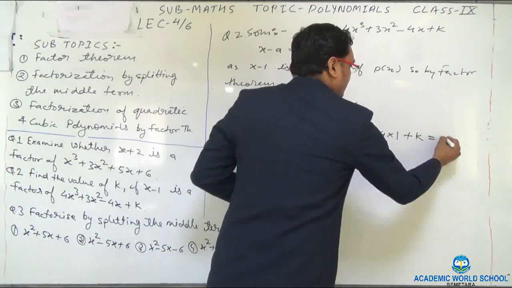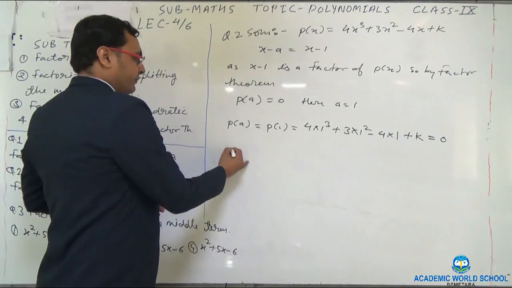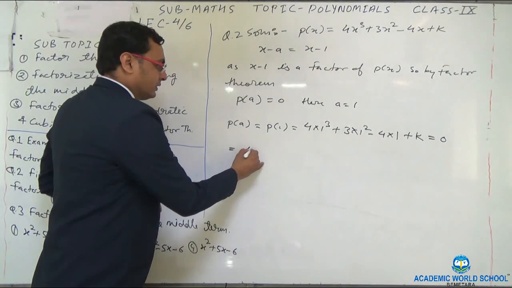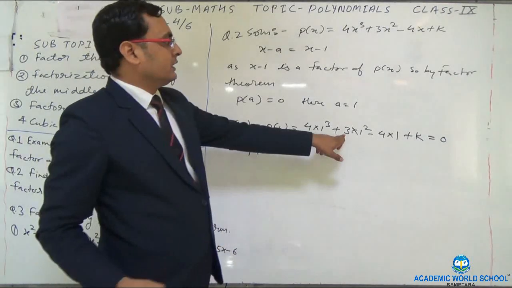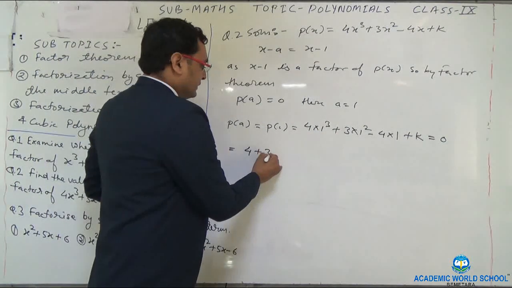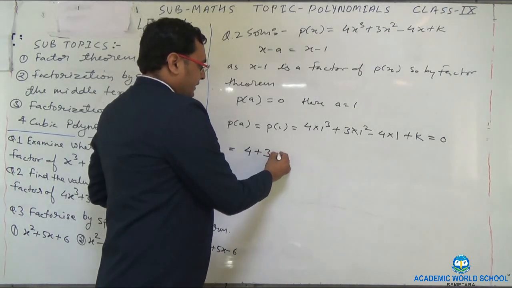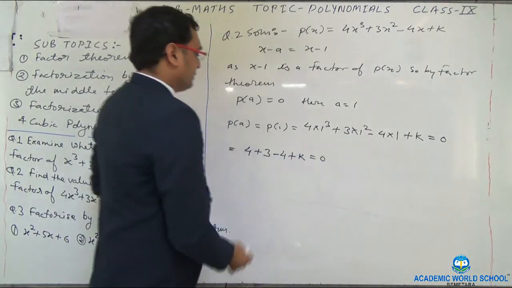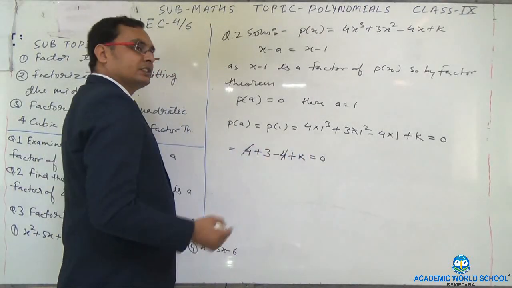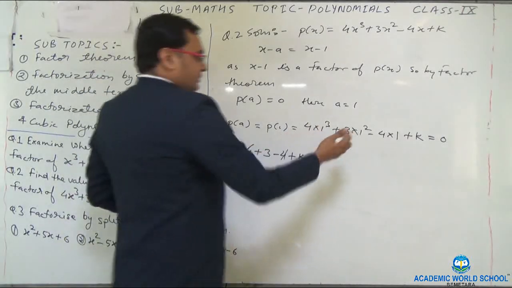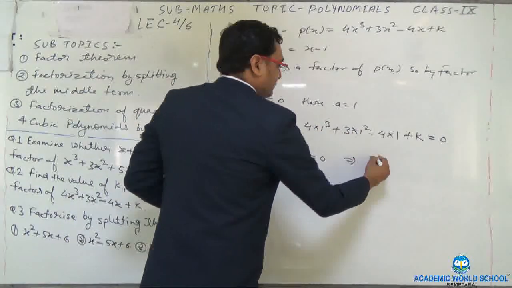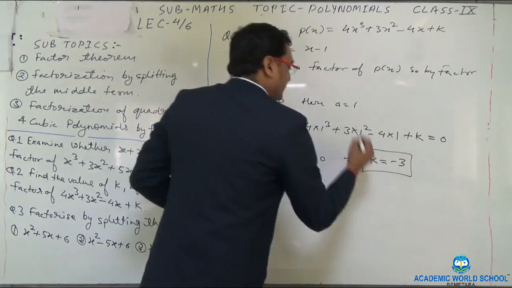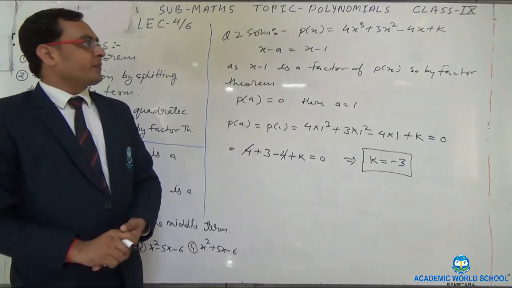So put it equal to 0 and solve it now. 1 cube is 1, 1 into 4 we will get 4, plus 3 into 1, 3, minus 4 into 1, minus 4, plus k is equal to 0. Plus 4 minus 4 is 0. Bring this 3 to the right hand side. By transposing, you will get k is equal to minus 3. So this is the value of k.